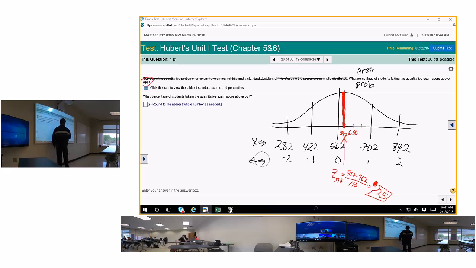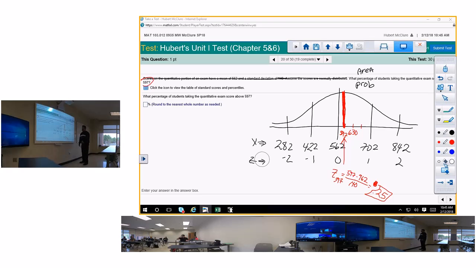Now what's above 597, is that the right hand side or the left hand side? That's not rhetorical. I'm asking y'all for interaction. Right.